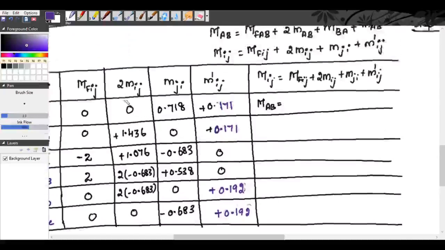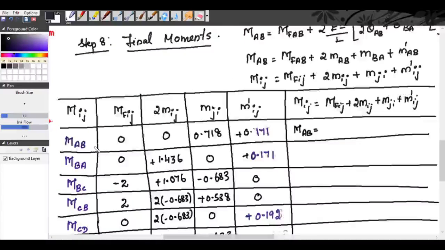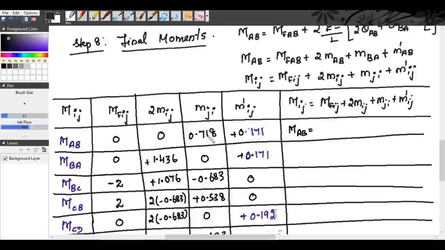Okay. So adding all this, we get 0 plus 0 plus 0.718 plus 0.171. We get plus 0.889. So adding all this, we get MBA is equal to plus 1.607.